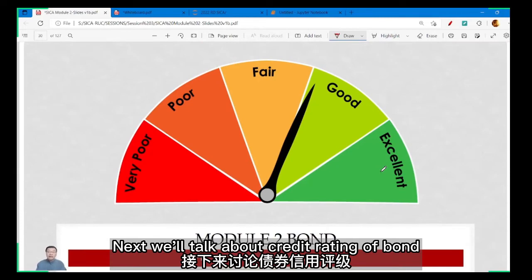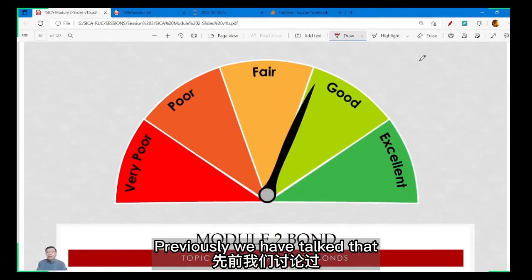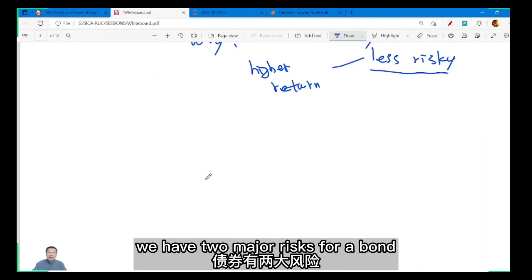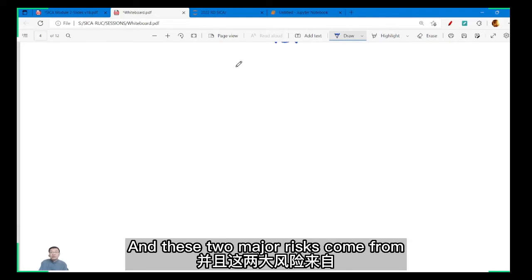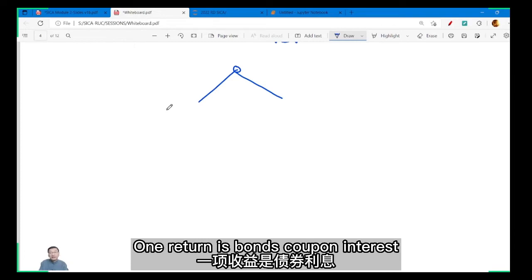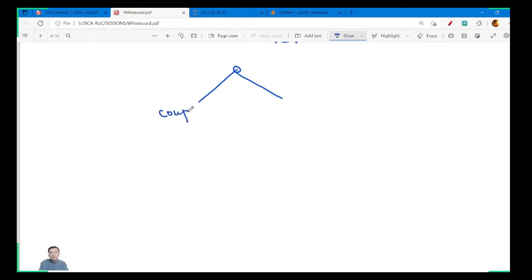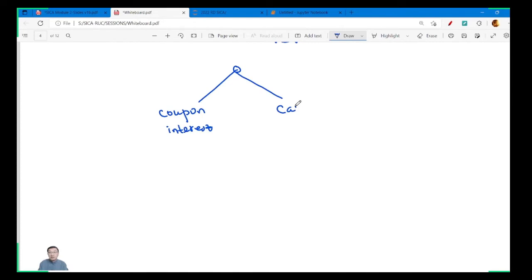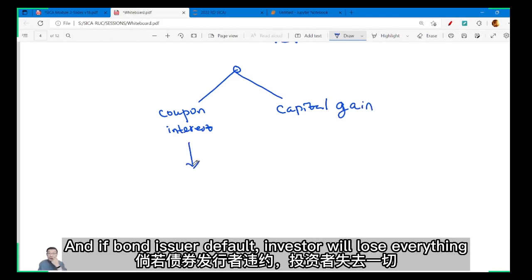Next, we will talk about the credit rating of a bond. Previously, we have talked that we have two major risks for a bond, and these two major risks come from the two sources of return. One return is the bond's coupon interest. Another one is capital return, capital gain. And if the bond issuer defaults, the investor will lose everything.